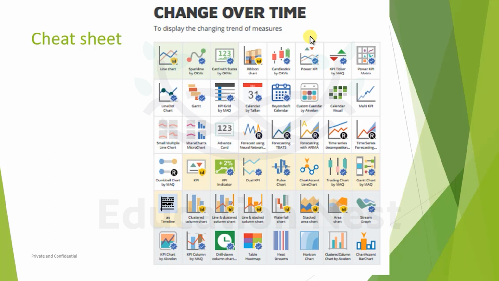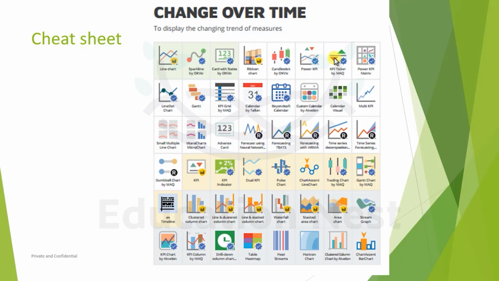If you are dealing with, for example, an exchange rate, then a KPI ticker would help you display the change of the rate compared to the previous day and indicate it with a green or a red symbol. That's the KPI ticker chart.